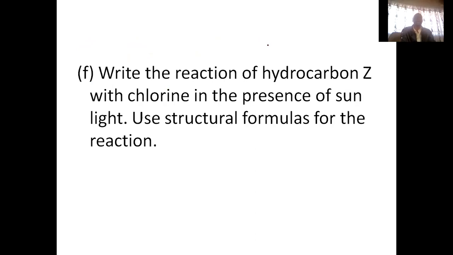So number F, right? The reaction of hydrocarbon Z with chlorine in the presence of sunlight, use structural formulas for the reaction. So they are saying we have to use structural formula. So we have our ethene.